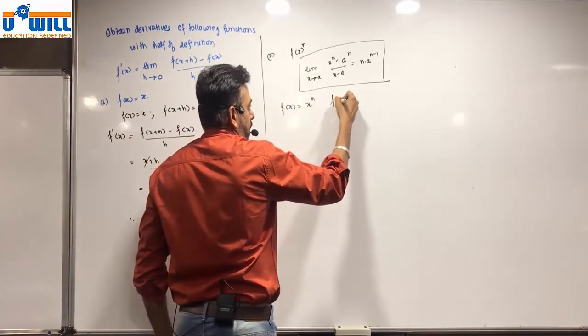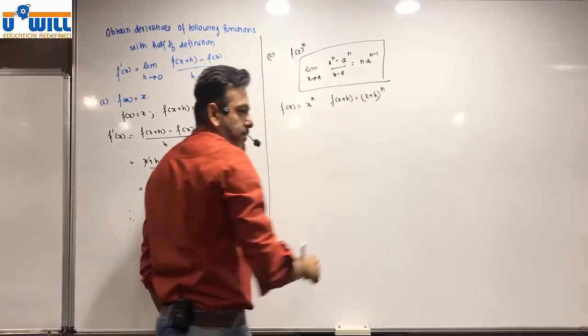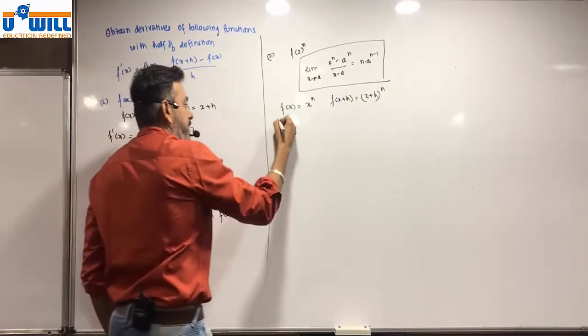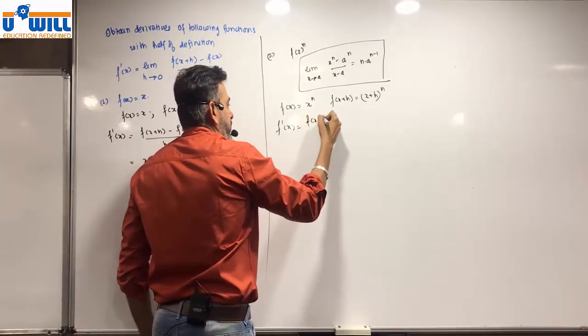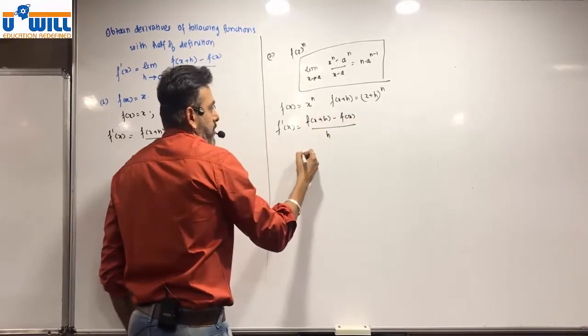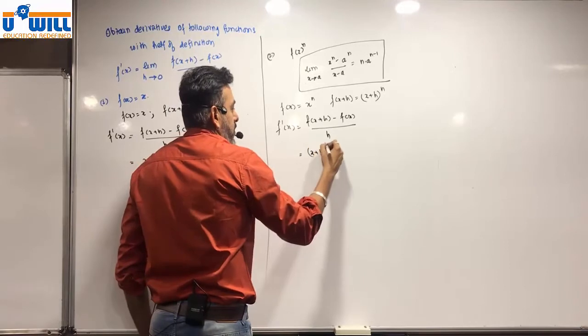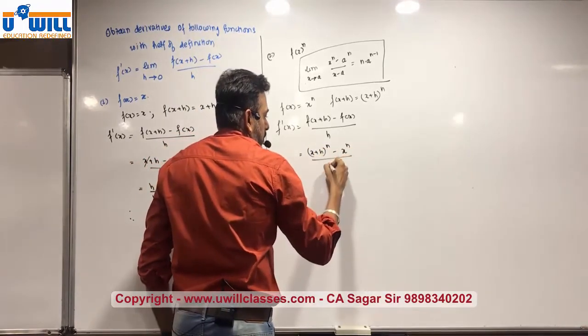So f(x + h) is equal to (x + h) all raised to n. The derivative of f(x) is f(x + h) minus f(x), upon h, which is equal to (x + h) raised to n minus x raised to n, upon h.